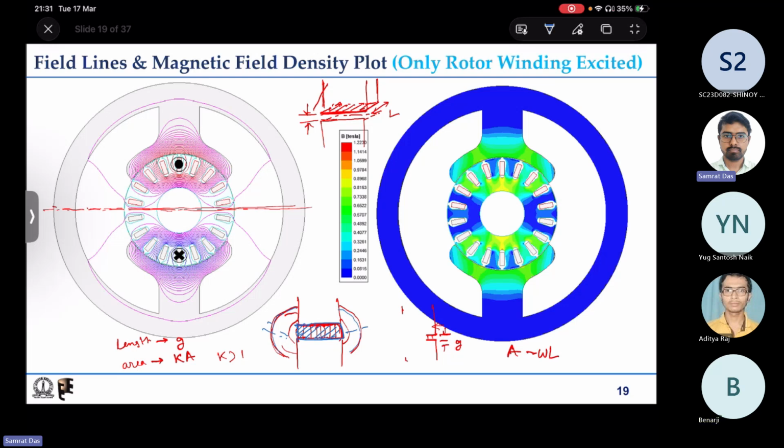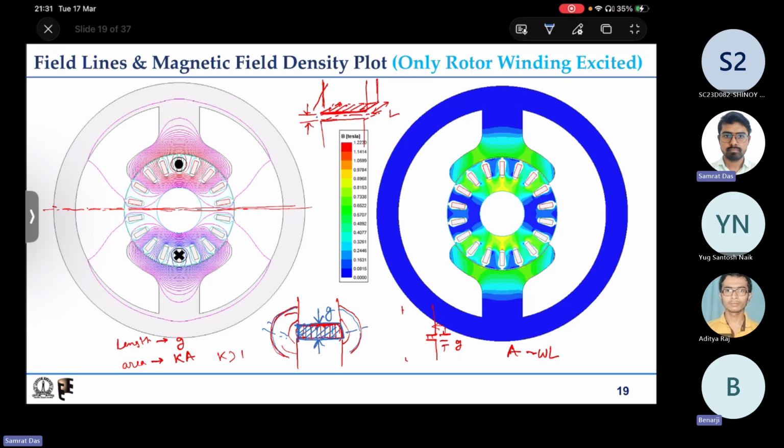Yeah, but you must understand that we are not comparing this case reluctance of the quite big gap along the magnetic axis. No, sir, actually between the two poles, I thought in your explanation area will be Ka.